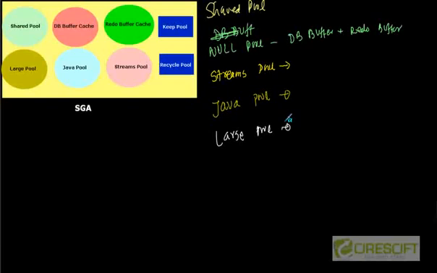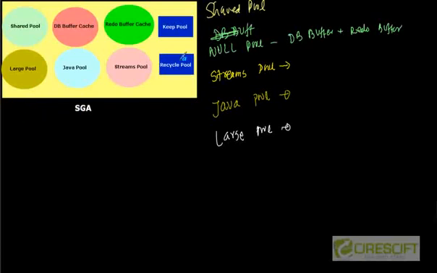This memory is used for parallel execution features, and also whenever we are doing an RMAN backup, it reads the disk IO using this large pool. A lot of backup happens using disk IO, and the large pool is the memory used for doing the RMAN backup.